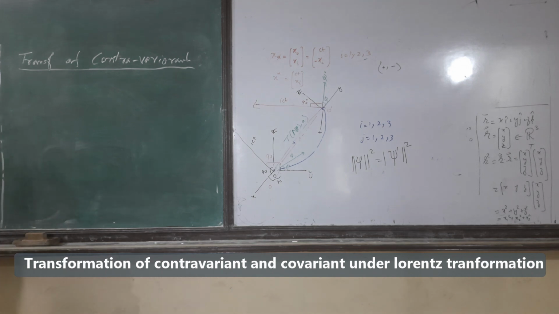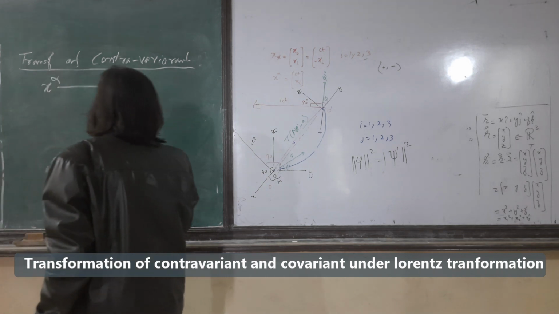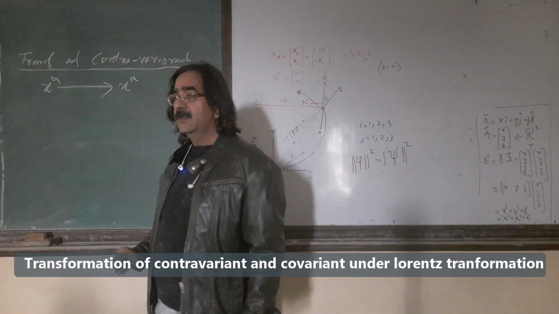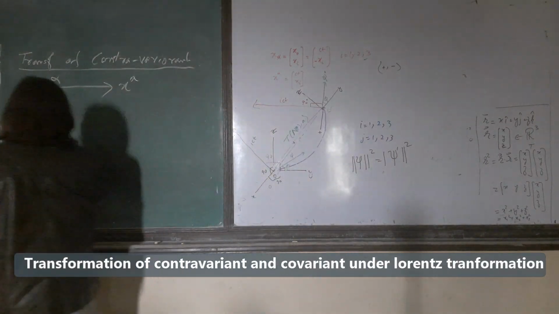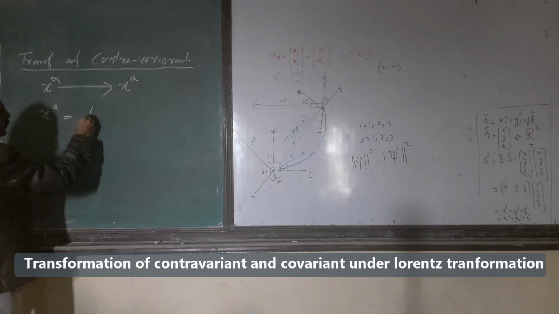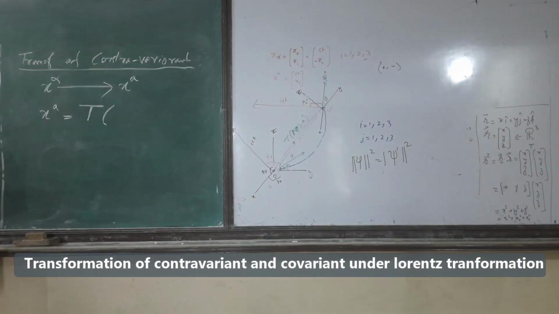If we consider only the 4-dimensional space, if we are moving from x alpha to, let's suppose, x a, then x a will be, there is a transformation as I have already said, that will be transformed.